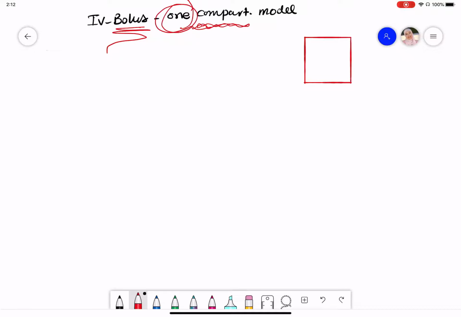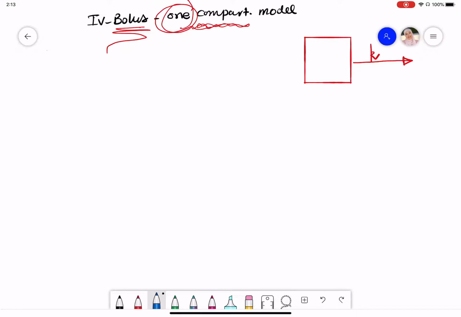So we will have one box that represents the whole body and all organs and tissues in the body. Okay, and we will have one kinetic process that is related to elimination.